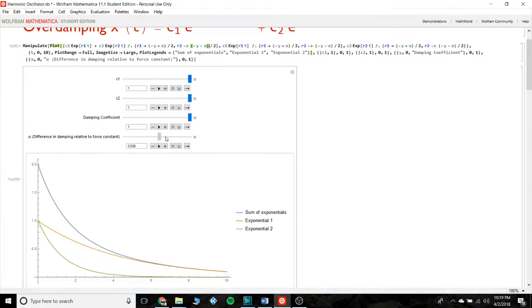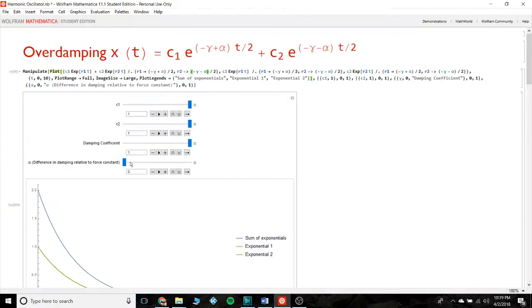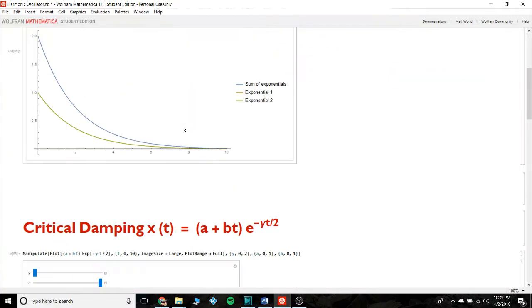And what happens when alpha equals the damping coefficient? Well, turns out we never return back to equilibrium. But mainly what I want to show is, as you increase the damping coefficient, you return to equilibrium faster. So that's the overdamped case.